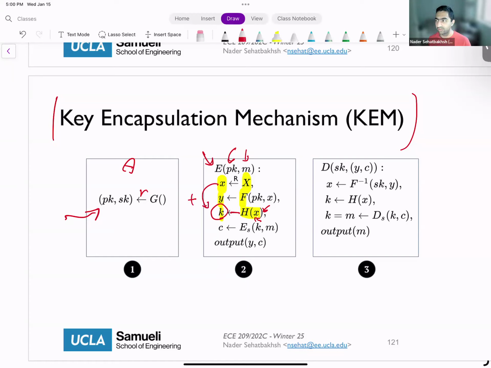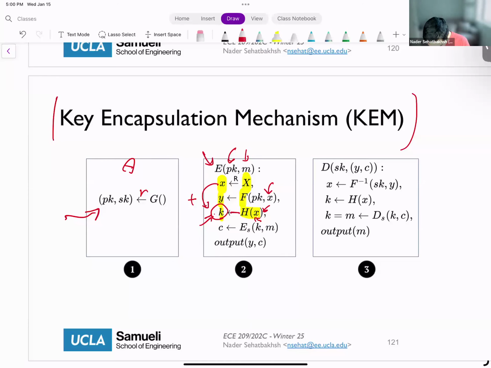We use hash functions to reduce the size of x, because the key doesn't need to be as large as the input size. For security reasons, I want x to be large, but I don't need k to be that large. That's why I hash it. But again, if I didn't do it, k could also be equal to x, okay?